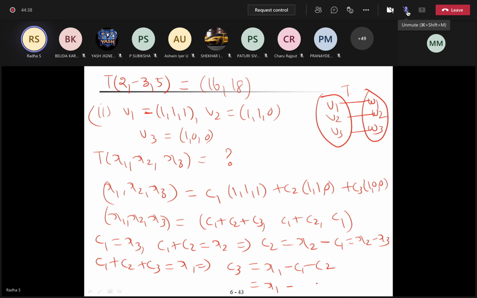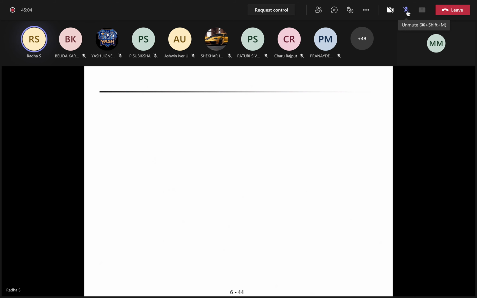That is x1 minus x3 minus x2 plus x3; x3 cancels. So we have found c1, c2, c3. Take down: c1 is x3, c2 is x2 minus x3, and c3 is x1 minus x2.